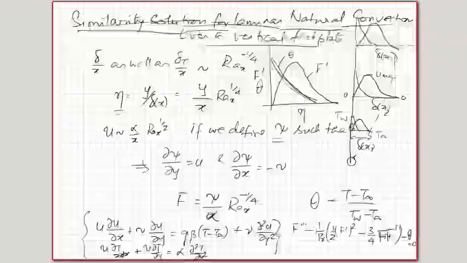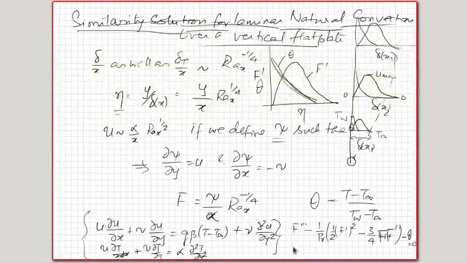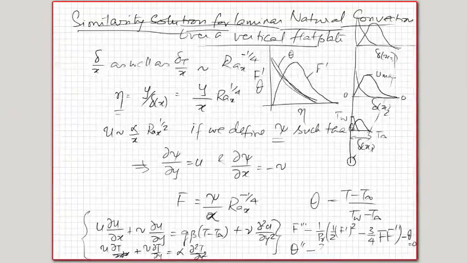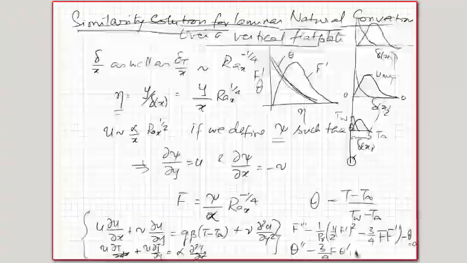So this is one equation. The second equation would be theta double prime, which will basically be from this one, minus 3/4 f theta prime is equal to 0.